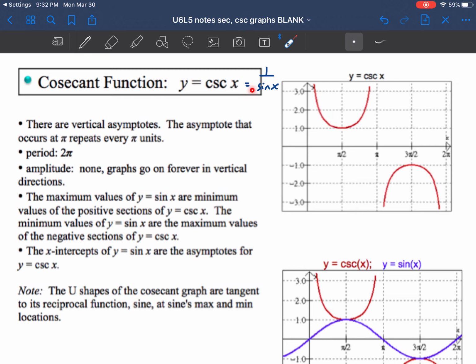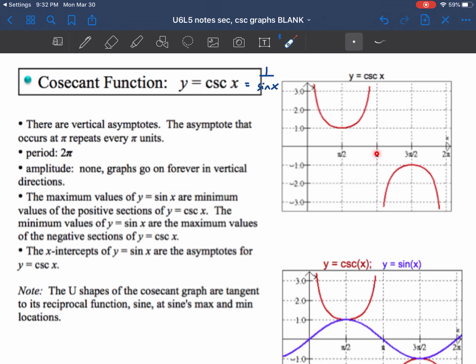So if we go through these characteristics, first one says there are vertical asymptotes. Well, that's because cosecant x is equal to 1 over sine x. So whenever sine x is equal to 0, this whole thing is going to be undefined. Cosecant x is going to have a vertical asymptote. So that asymptote occurs at pi, and it repeats every pi unit. If we go over to this graph here, you can see here's x equals pi.